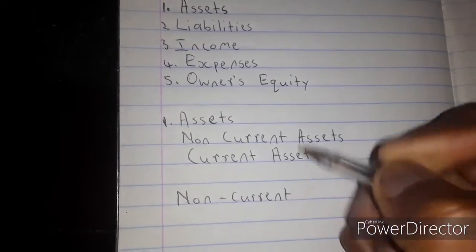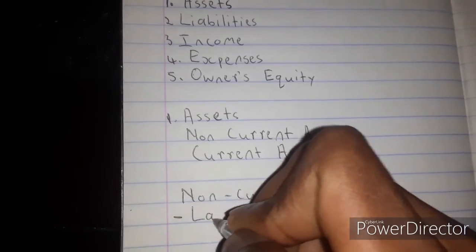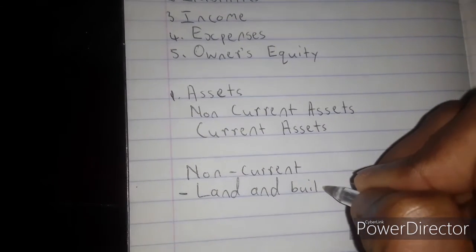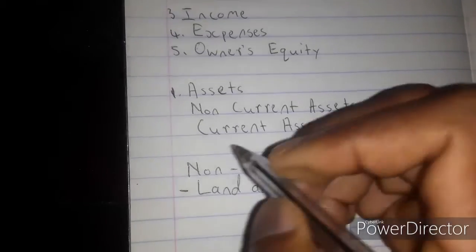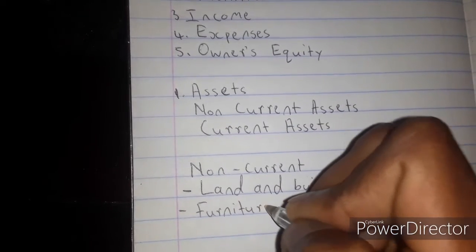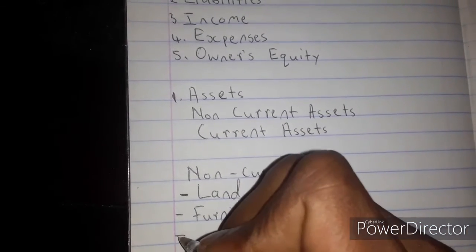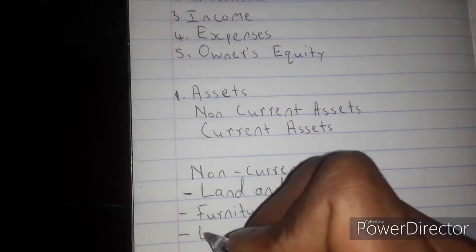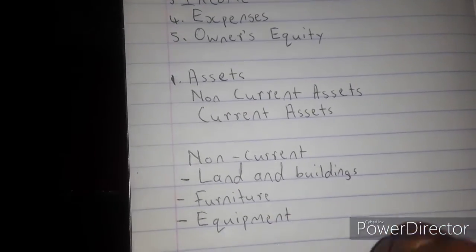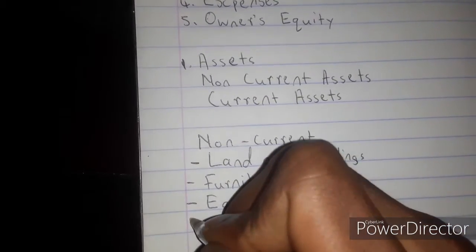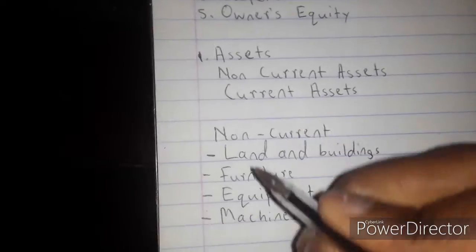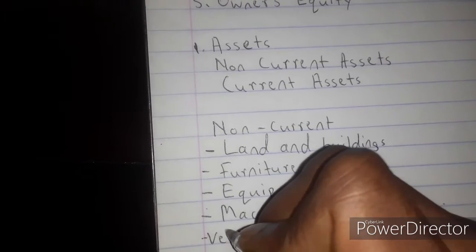The examples of non-current assets: land and building, furniture, equipment, machinery, and also the vehicle.